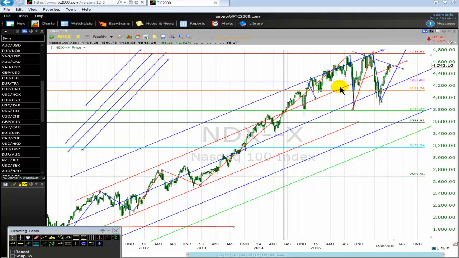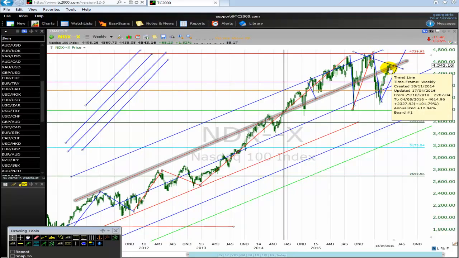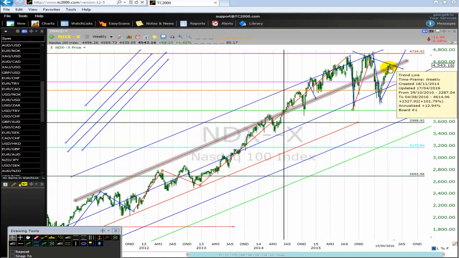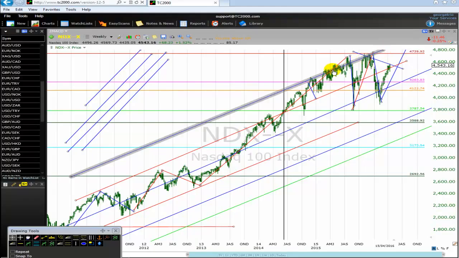So that's it. We are again above the median line, above the red channel. We are again above the red rising channel on my chart. The market will, as it did before, push the NASDAQ 100 up to the edge of this blue line on my chart, which is the projection of half of the red channel.